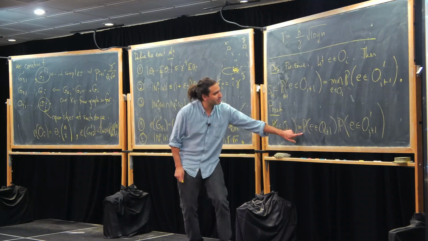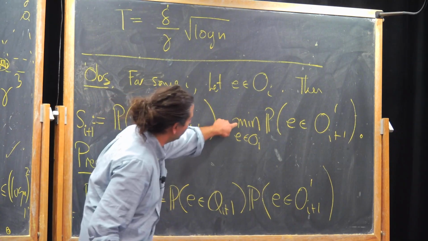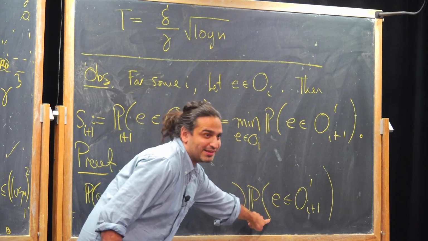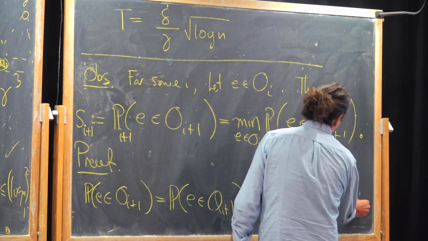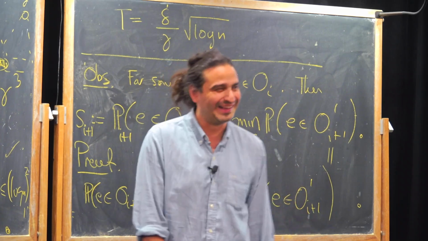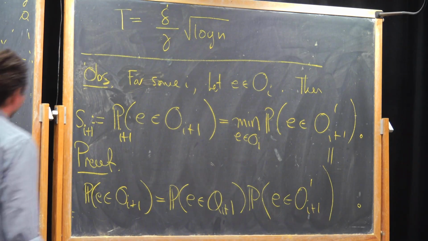But now what is this probability? This probability is precisely this divided by this. And so we get this. I'm out of space, so I won't write it out, but it was actually just defined, so that holds.